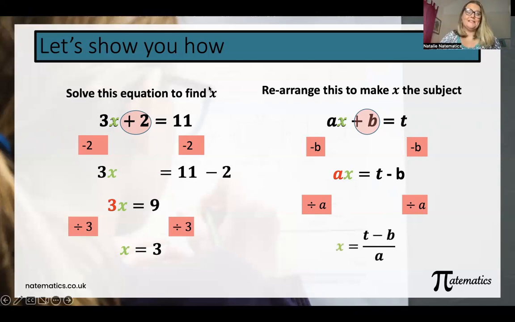Because if you think about it, on this side here, t was 11, b was 2. So we said it was 11 minus 2, and because it was numeric, you were able to give a numeric answer of 9. On this one, you can't do that because you don't know what t and b are. So you just leave it as, once I know what they are, I can work that out. And I divide the whole thing by a.